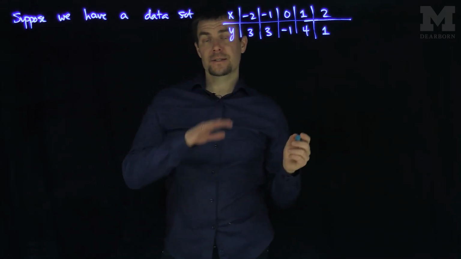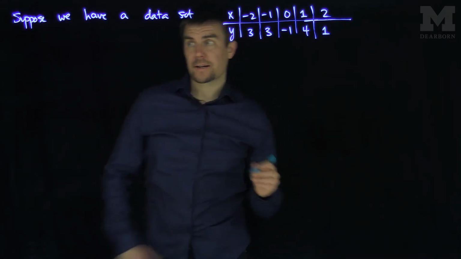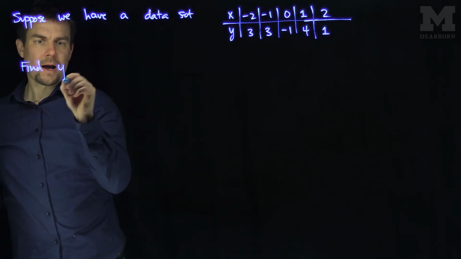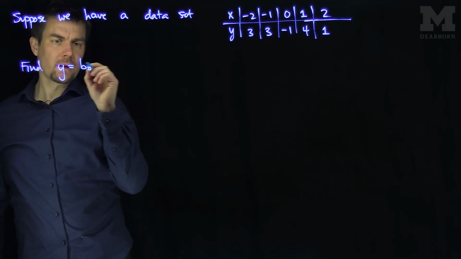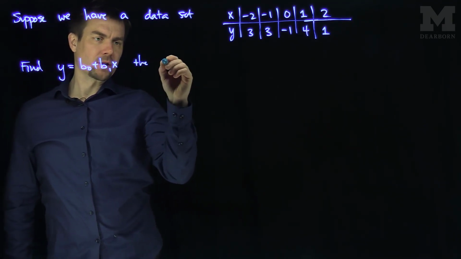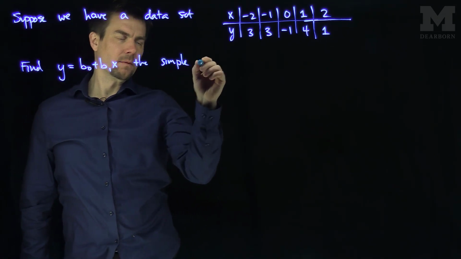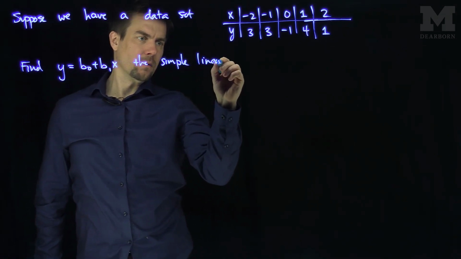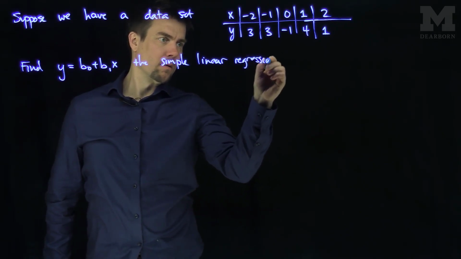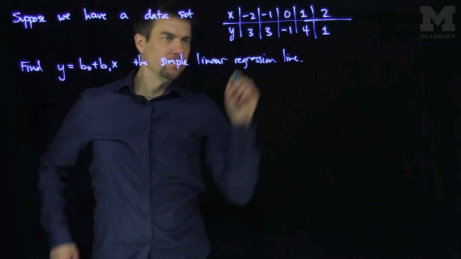I would like to find the simple linear regression least squares line. Let's find y equals b0 plus b1x, the simple linear regression line.